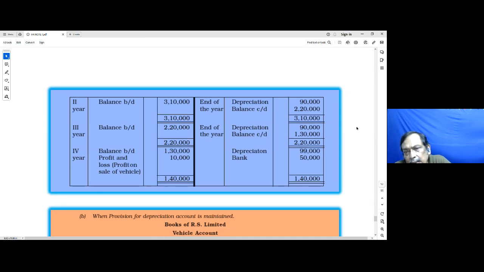Then in the third year, closing balance will be brought forward as opening balance, depreciation is to be charged and closing balance is to be carried down. Then again, in the fourth year, to balance brought down 1 lakh 30, depreciation 90,000, and bank account 50,000. So profit and loss account, profit on sale of vehicle 10,000, that is transferred.